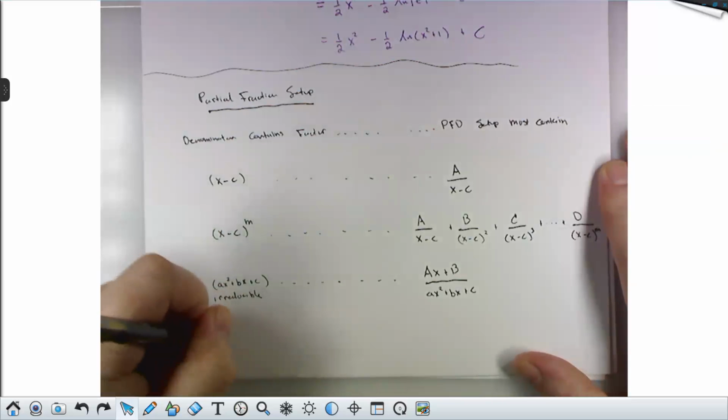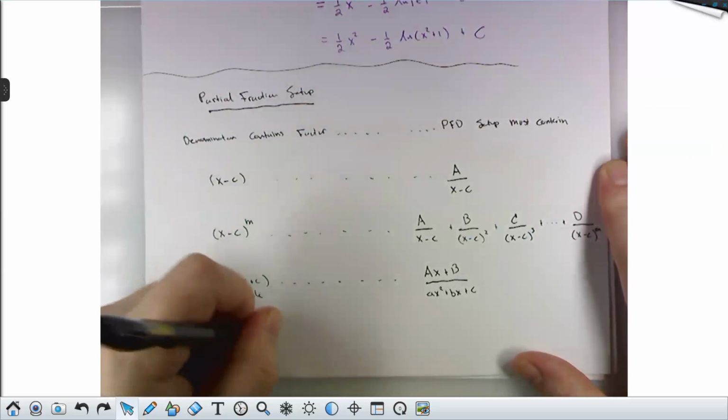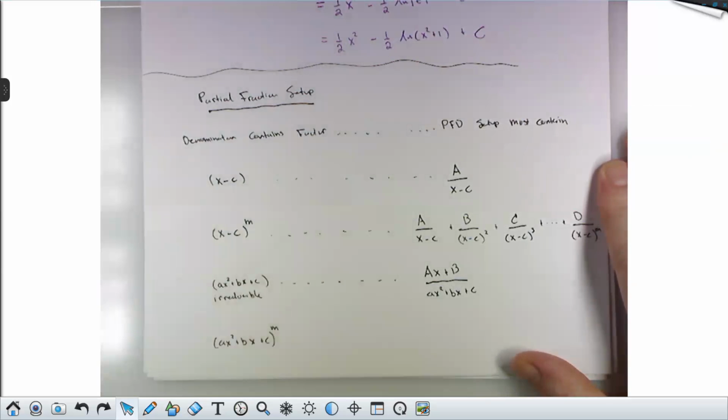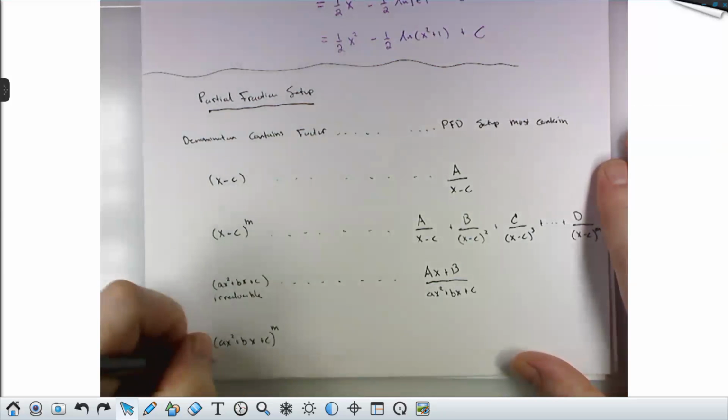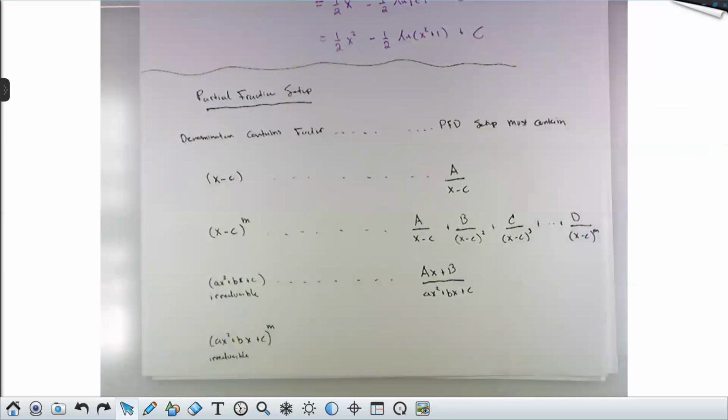So an irreducible quadratic factor raised to some multiplicity. This could be like x squared plus 1 all cubed.